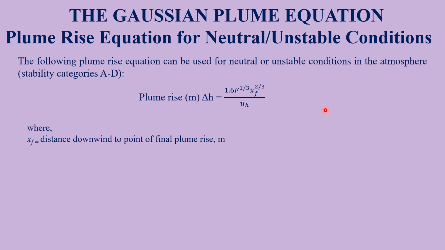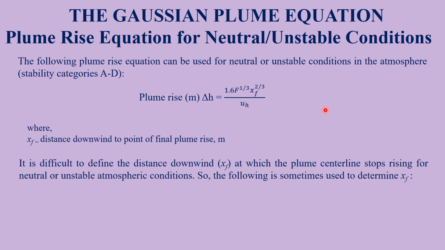XF is the distance downwind to a point of final plume rise. Now, when the condition is unstable, it is difficult to define the distance downwind at which plume center line stops rising for neutral and unstable condition. It is very difficult to know when the plume rising is stopped.